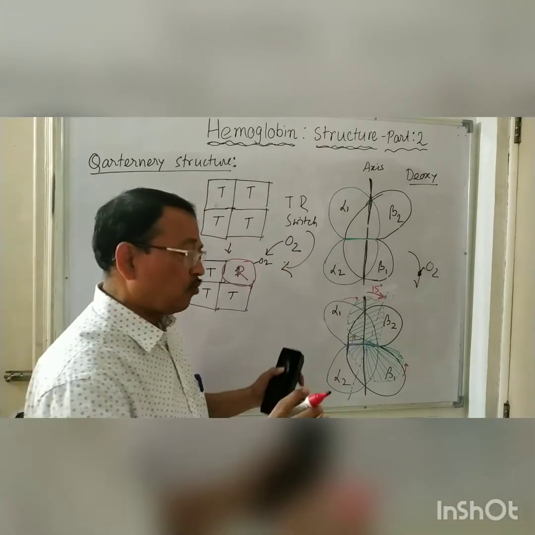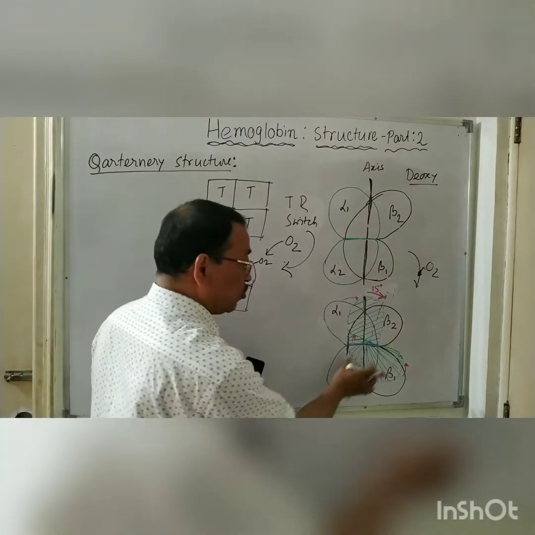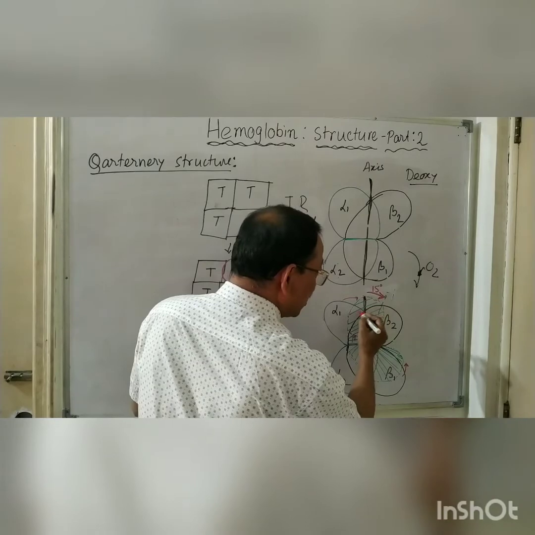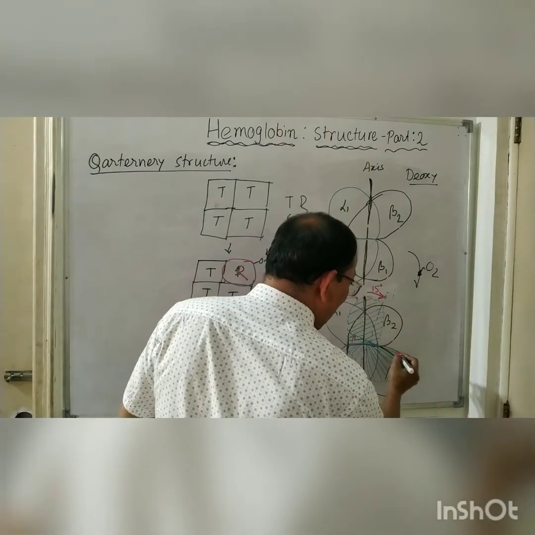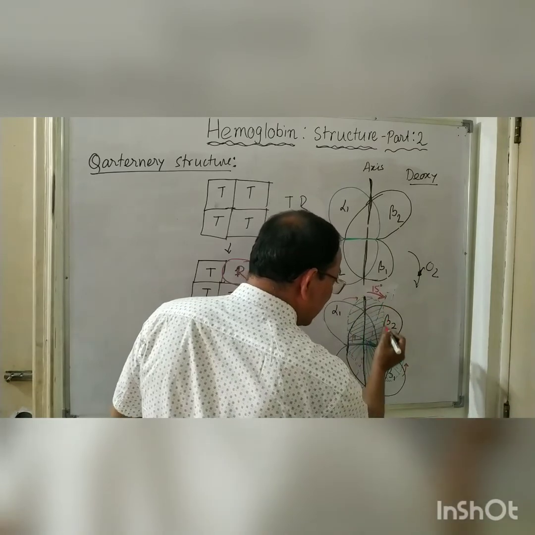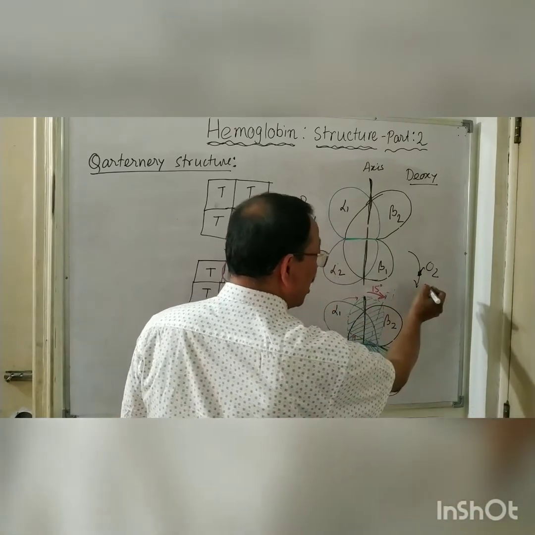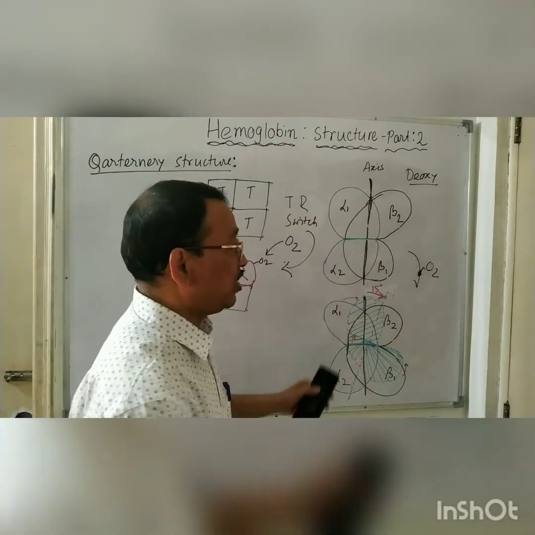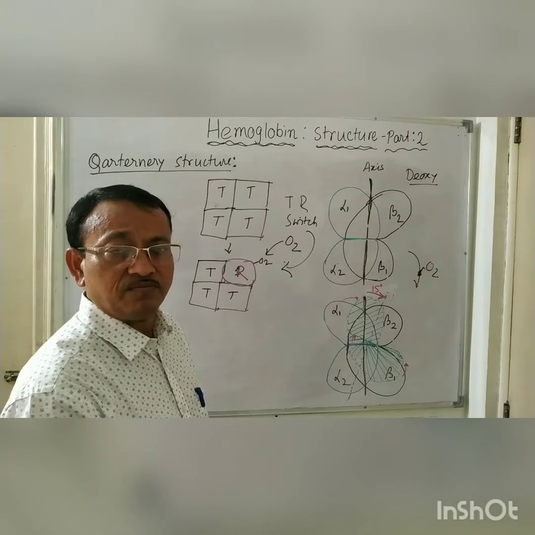That means the alpha 1 beta 1 movement is changed with respect to alpha 2 beta 2. And here you see the changed position of the alpha 1 beta 1 now, due to the binding of the oxygen with the one globin chain.